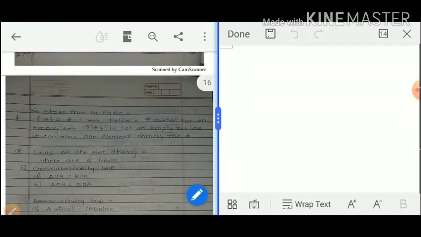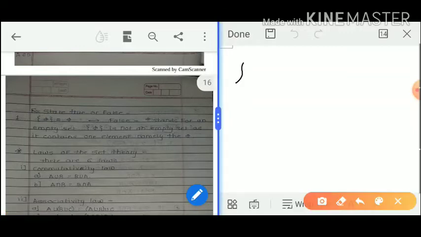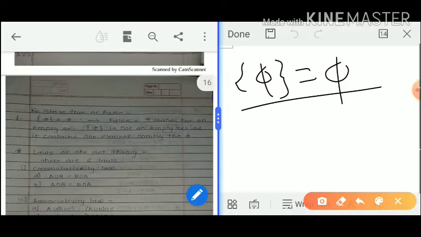Okay, next, second example, state true or false. In braces phi equals phi. What is the answer for it? Is it true or false? False, because this is a set.